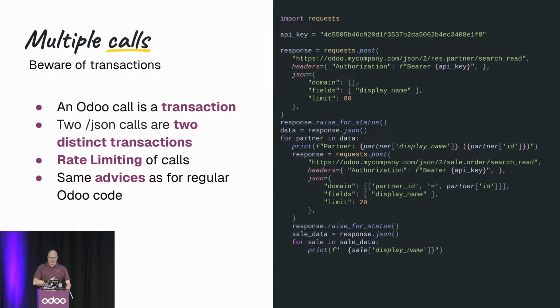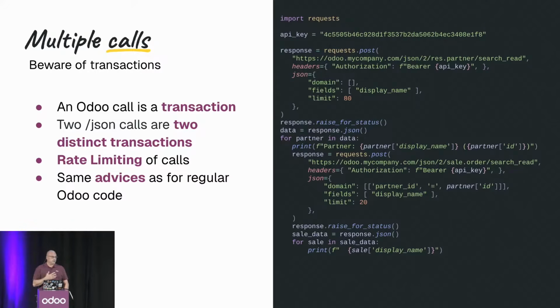In this example, I'm searching for partners, and for each partner, I'm searching for data about this partner. The search for the partner is a transaction, and each call for the partners is done in its own transaction. It's very important to know, because sometimes you will write with your scripts.